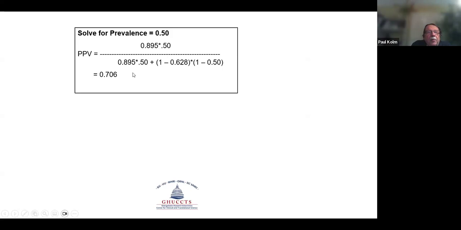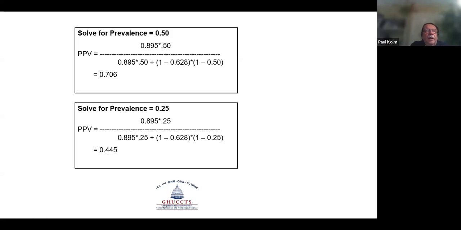Carrying the formula out, we get a positive predictive value of only 70%. If we want to calculate for a prevalence of 25%, then the positive predictive value is even lower. So you can see that depending on the prevalence in the particular population, the positive predictive values decrease.